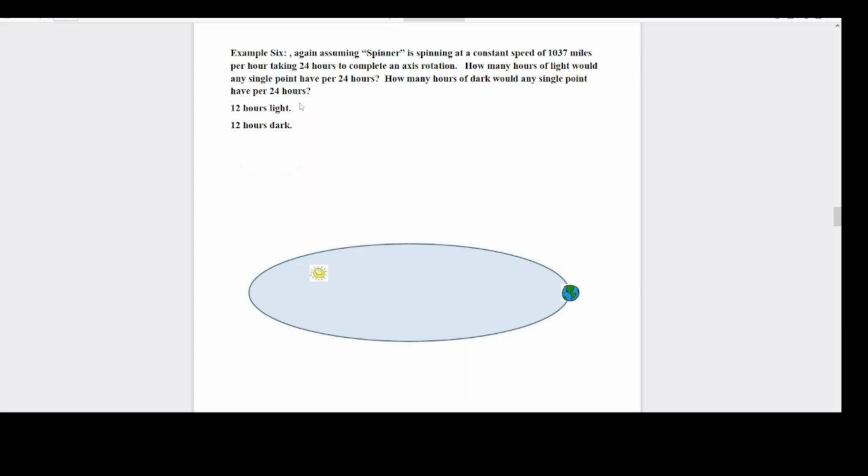So even if you're near the top, near the North Pole, for example, with not much space between you and the pole, and you're more tilted towards the sun, that sunlight is still going to hit half of that arc, and that divides light and dark between those two sides, on either side of the pole.